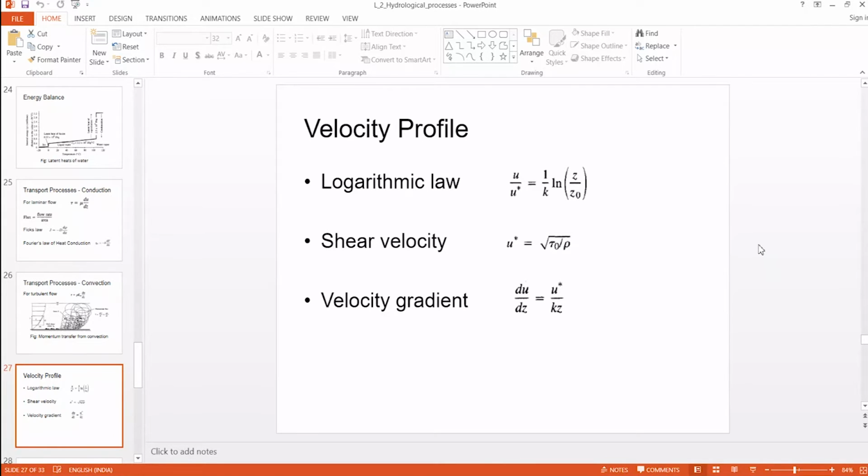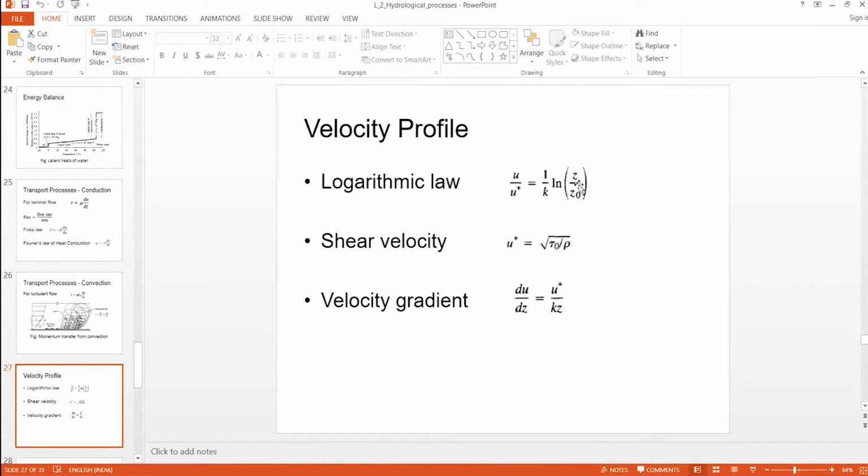To find out how evaporation and other processes are influenced by the wind velocity, we need to know the velocity profile of the wind. That is approximated by the logarithmic law. It is given here: u by u star is equal to 1 by kappa log z by z naught. This kappa is a universal constant given by von Karman, a famous physicist.